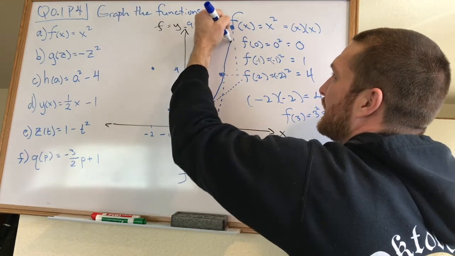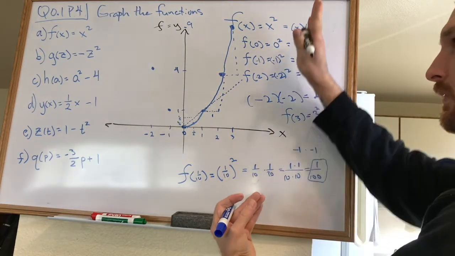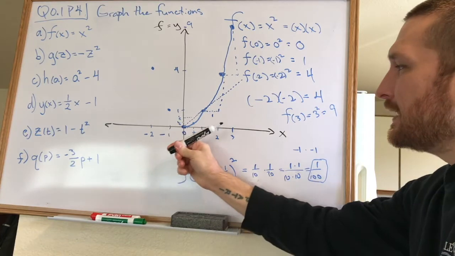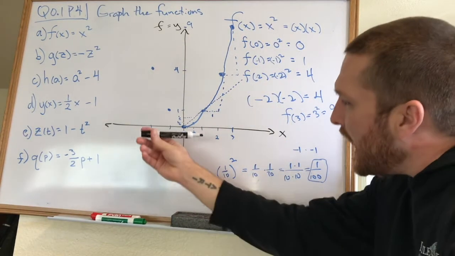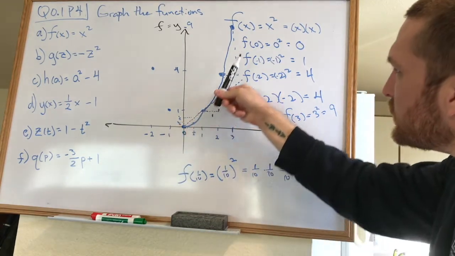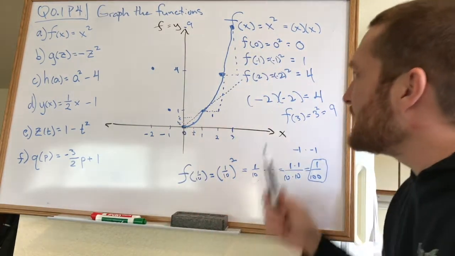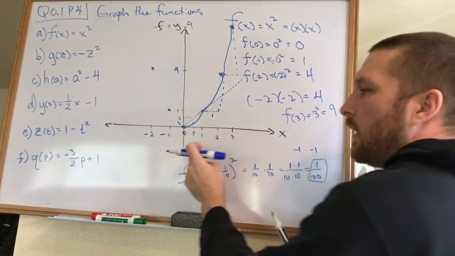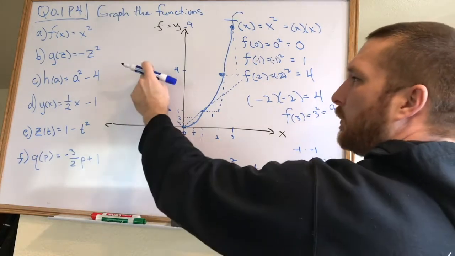So it's as though your slope is constantly getting steeper and steeper, right? That's why we end up with this cup shape. I haven't drawn it nice and smooth, but it actually is nice and smooth. And if you plug in a negative number, if you're out at 2 and you plug in a negative 2, you get the same output.